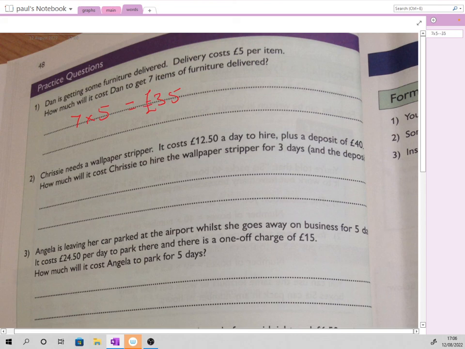Chrissy needs a wallpaper stripper. It costs £12.50 a day to hire, plus a deposit of £40. How much will it cost Chrissy to hire the wallpaper stripper for 3 days and the deposit? So they've given you a bit of a hint. Don't forget the deposit. So you're going to have 3 days times £12.50, just like the other example I gave you with the phone.